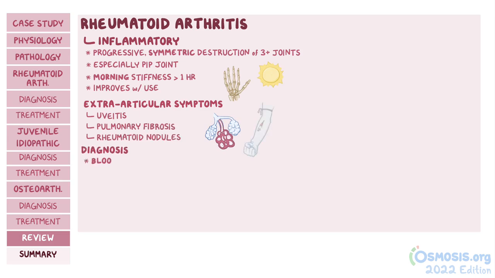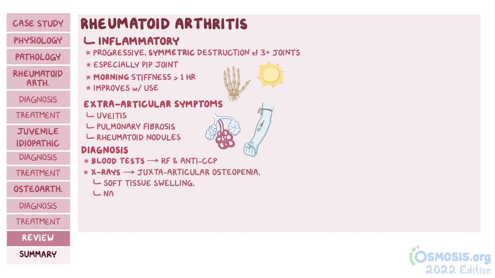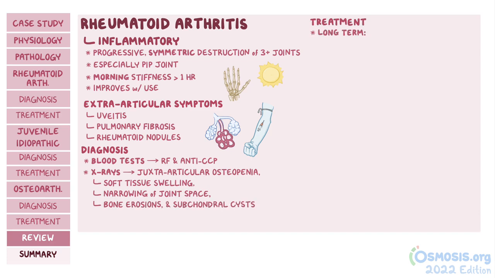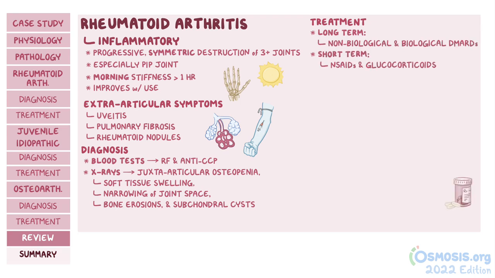Diagnosis is based on blood tests showing RF and anti-CCP, and on X-rays, typical findings include juxta-articular osteopenia, soft tissue swelling, narrowing of the joint space, bone erosions, and subchondral cysts.